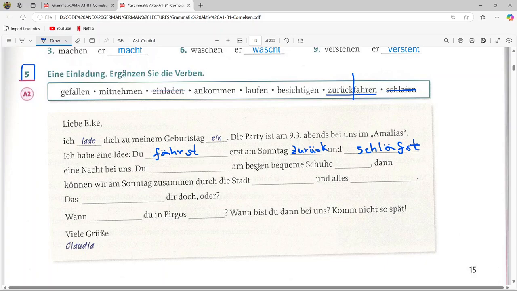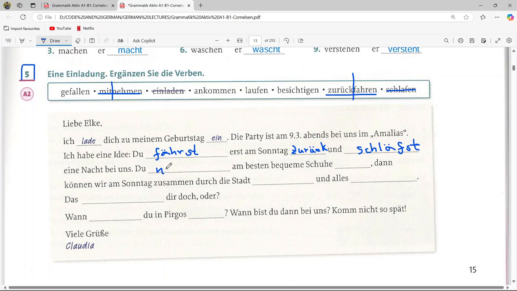Du. So talking about shoes. So you take the best and comfortable shoes. Beste means best, bequeme means comfortable, with you. So take with you, so mitnehmen. And it is a trennbare verb, so we break down and conjugate nehmen with du.